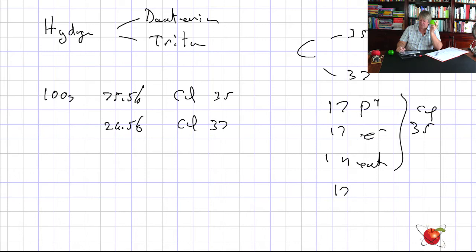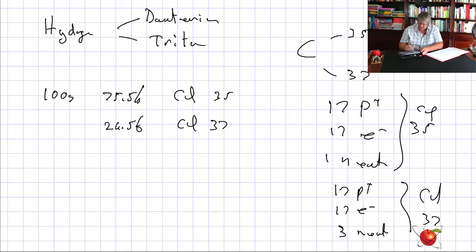We've got 17 protons, 17 electrons, that's 34, and we've got 37, which means we've got 3 neutrons in Cl37. But in any sample you take, you've got these: 75.5% is that, 24.5% is these.